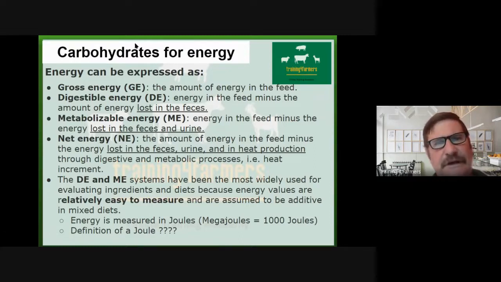Okay, so now we're going to look at carbohydrates and providing energy from them. We spoke about fats, and we said that they are very concentrated energy, with between 2.25 and 3 point something times more energy per kilogram of fat than there is in carbohydrates. But there are very few plants that have a lot of fat in them, except for our oil seeds.